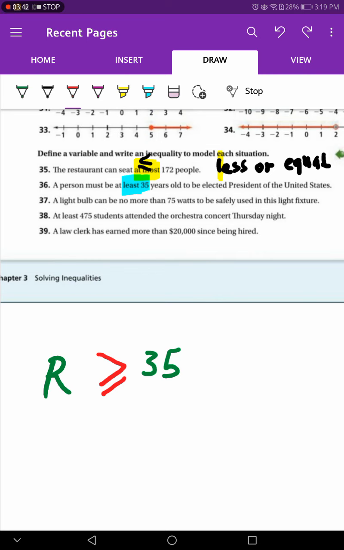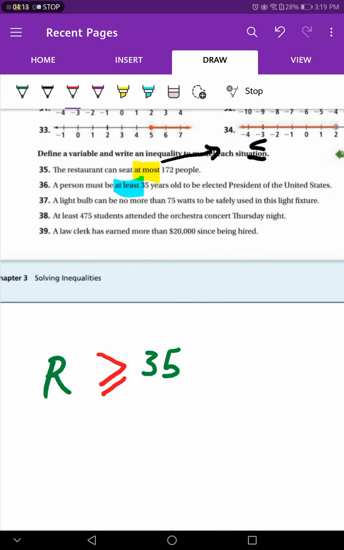Okay, so let us organize and make our solution more clear. At most is less than or equal. At least is greater than or equal. Let me write it here. This means at most, you have to draw this.